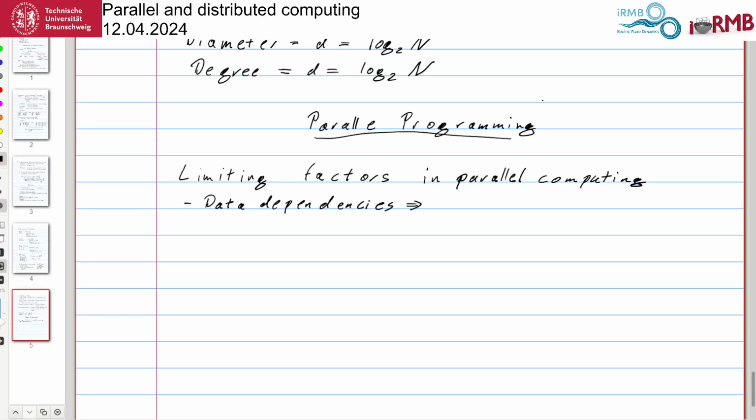So there is a dependency on something. And this may force you to do some things sequentially, and they cannot go in parallel then.